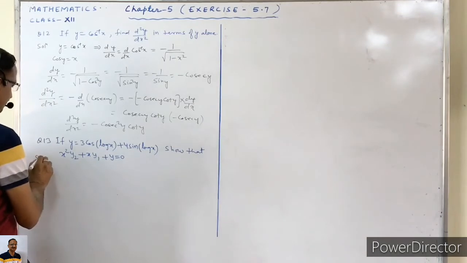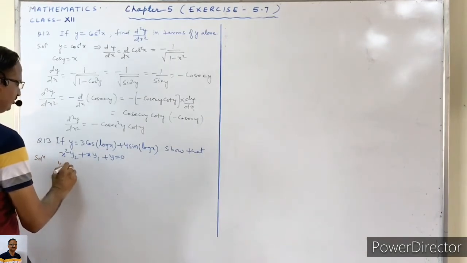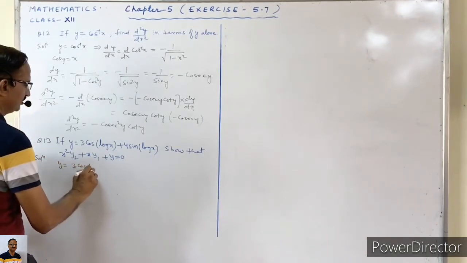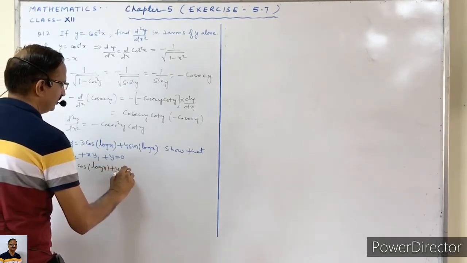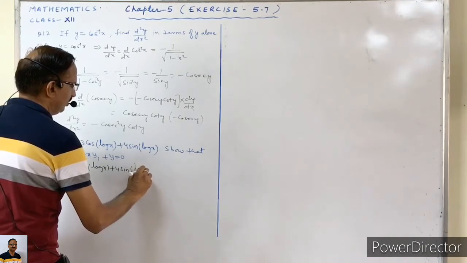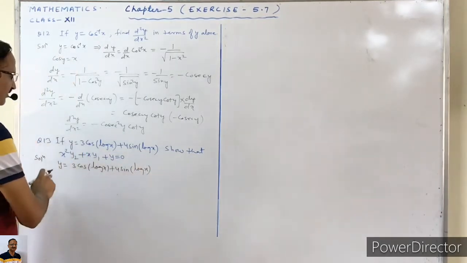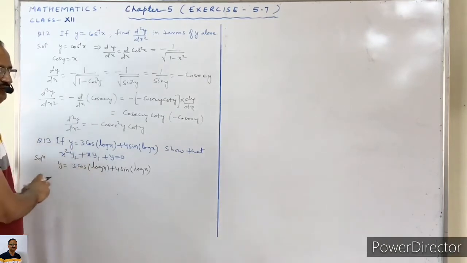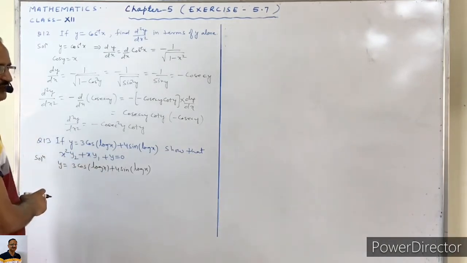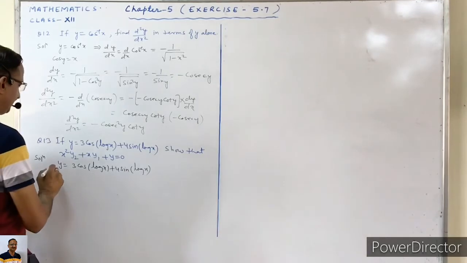So we will start with y equals to 3 cos log x plus 4 sin log x. Now first of all find the first order derivative. So we will differentiate the given function with respect to x on both the sides.